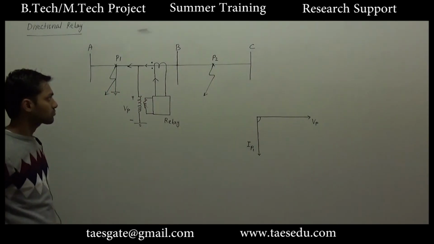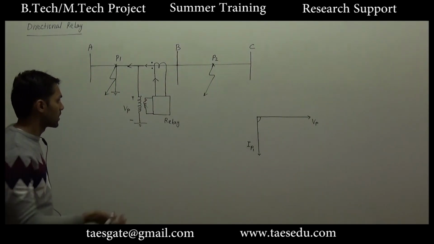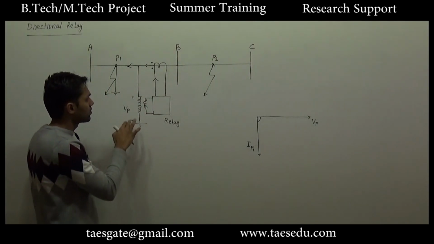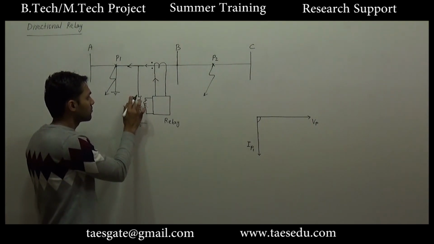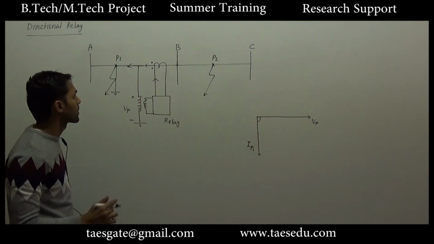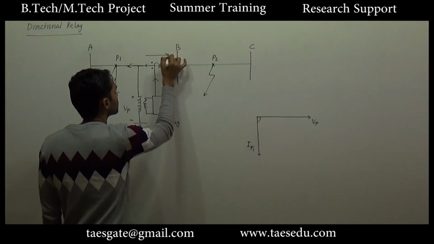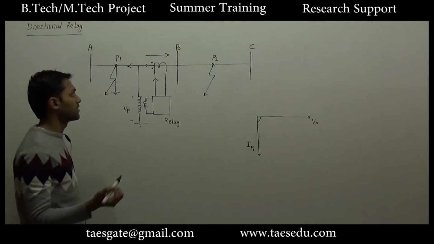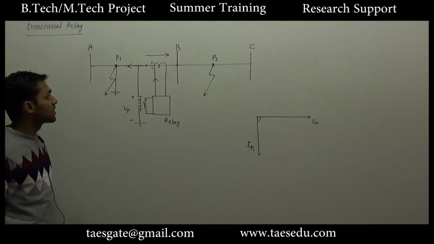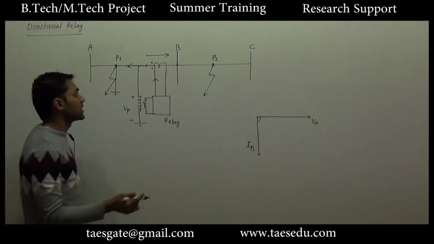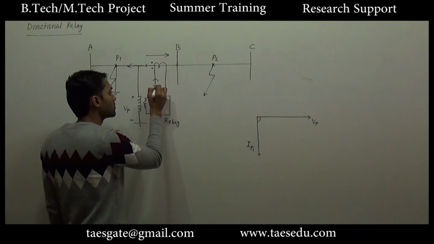For this fault, again we will have a potential drop across the winding of the potential transformer, but now the direction of fault current will be reversed in the main line, and so the current in the secondary of the current transformer will also get reversed.